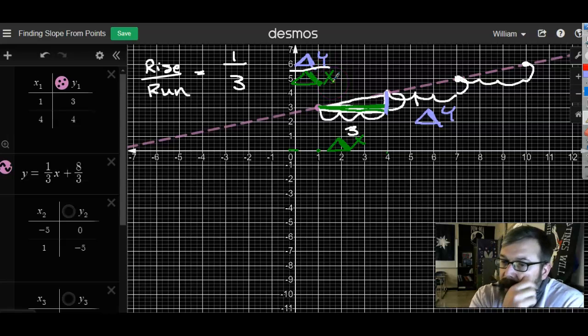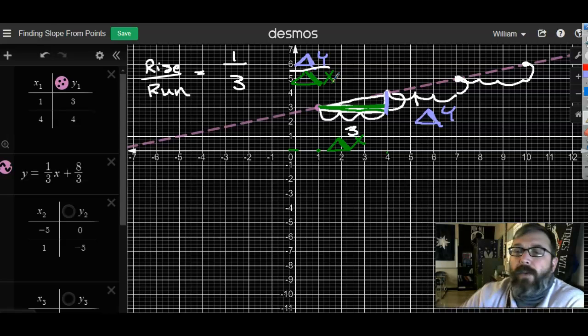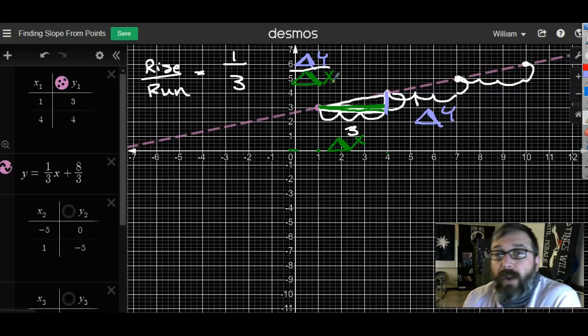Now you might find some math people that do a funny formula with sub numbers, something like y sub 2 minus y sub 1 over x sub 2 minus x sub 1. That's really complicated, and I'm not going to write it down because it might confuse you even more. What I want you to remember: change of y over change of x, same thing as rise over run.